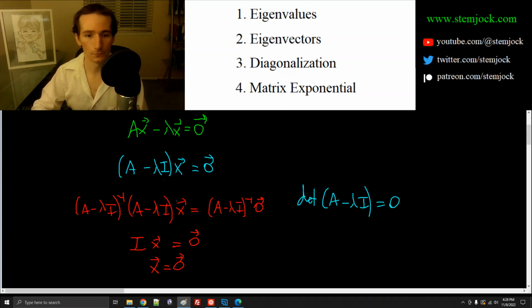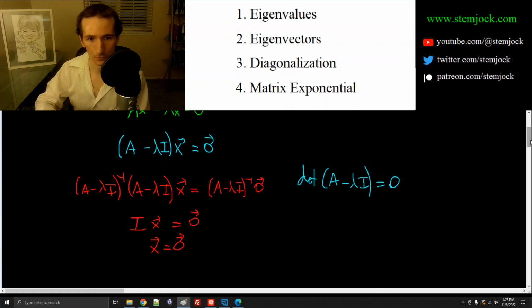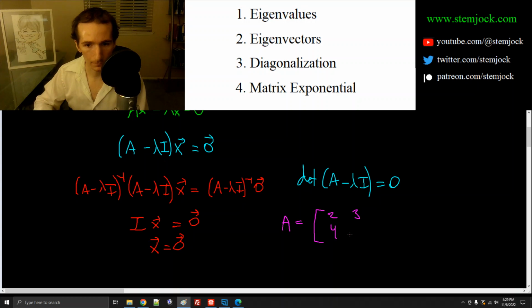Now I'm going to present an example to illustrate how to do this. It's a very simple one, so it should hopefully get the idea across. So I'm going to consider the matrix A equals [2, 3; 4, 1].